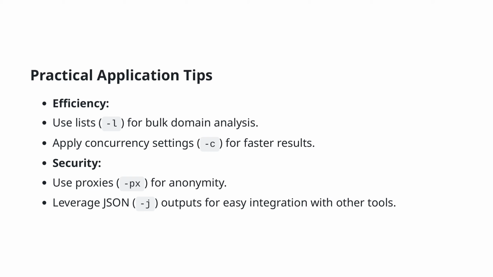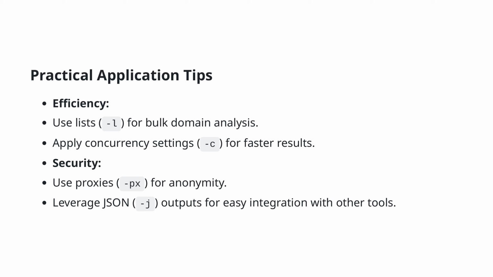In this slide, we delve into some practical application tips for using Favirecon effectively. Under efficiency, you can significantly enhance your workflow by utilizing lists with the -l flag, which allows you to conduct bulk domain analysis seamlessly. In addition, by adjusting the concurrency settings using the -c flag, you can accelerate your results, making your operations more time efficient.